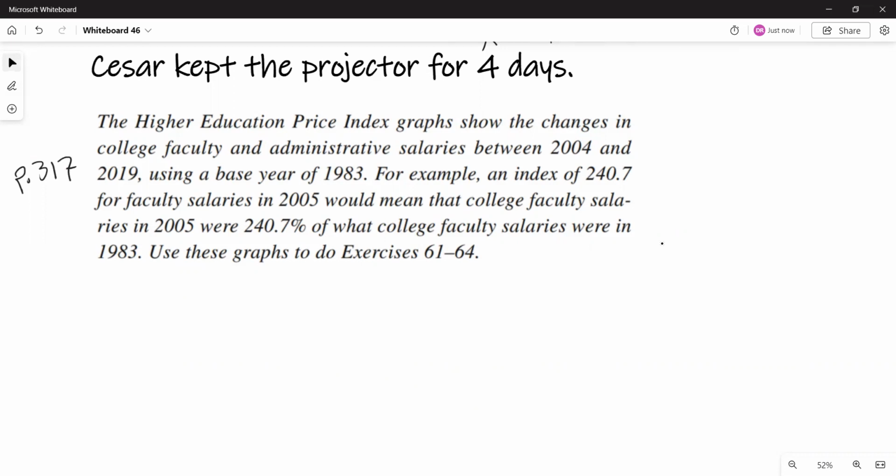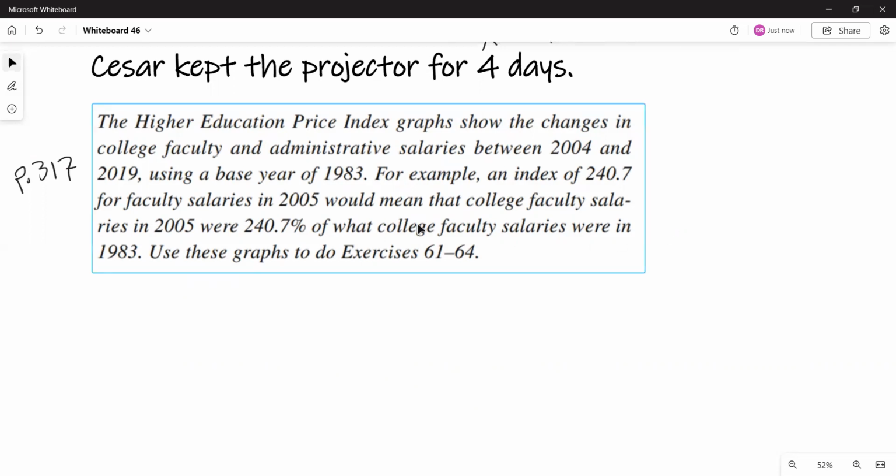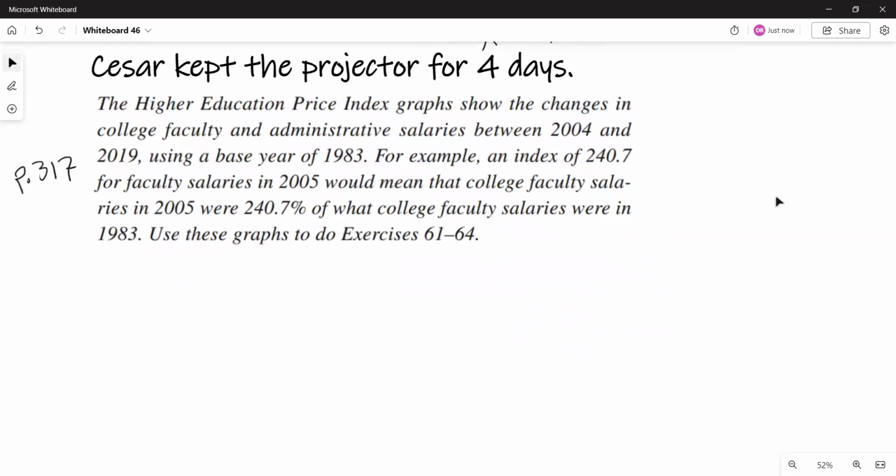The higher education price index graph shows the changes in college faculty and administrative salaries between 2004 and 2019, using a base year of 1983. For example, an index of 240.7 for faculty salaries in 2005 would mean that college faculty salaries in 2005 were 240.7% of what college faculty salaries were in 1990. Use the graph to do exercises 61 through 64.